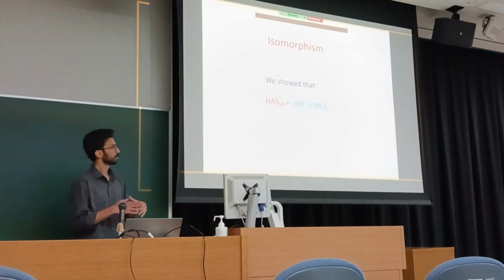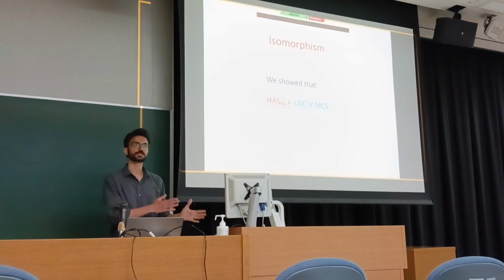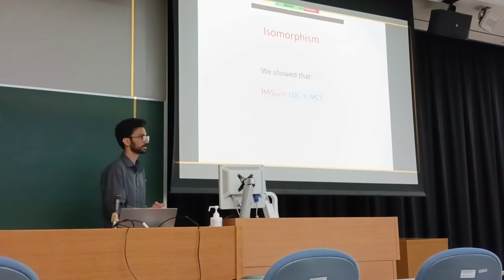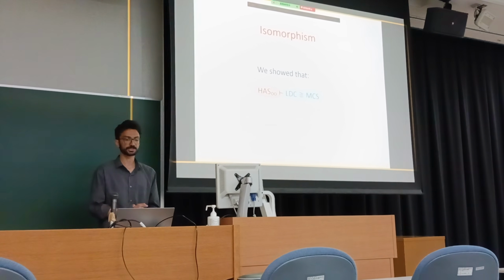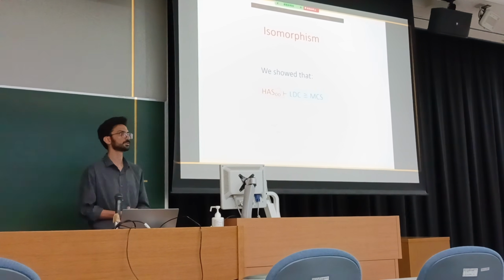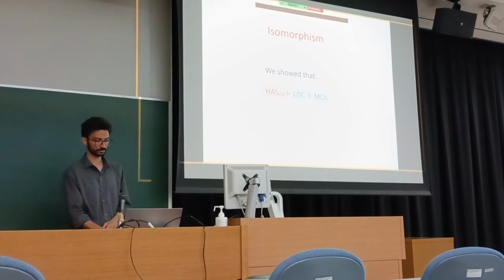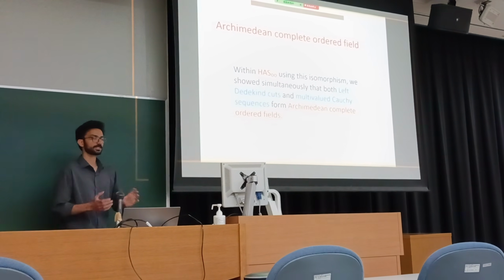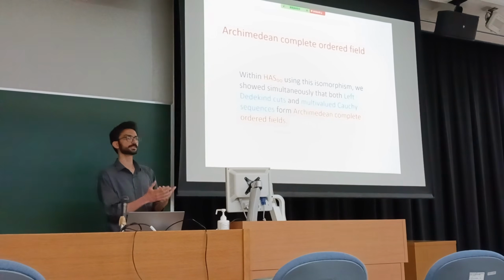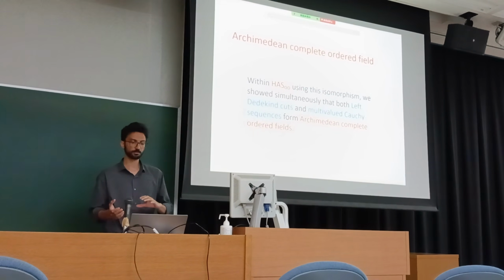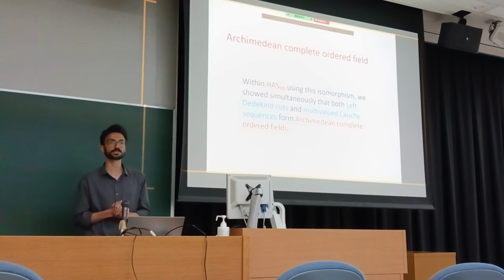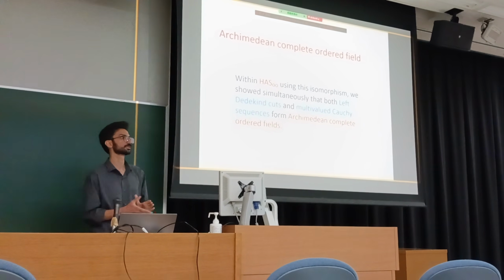We could develop the theory of left Dedekind cuts in HAS00 and also the theory of multivalued Cauchy sequences in HAS00, and we could show that HAS00 proves the isomorphism between left Dedekind cuts and multivalued Cauchy sequences. And within HAS00, using this isomorphism, we could show simultaneously that both the structures of left Dedekind cuts and multivalued Cauchy sequences are Archimedean complete ordered fields.